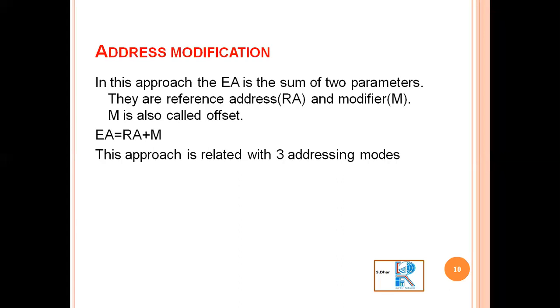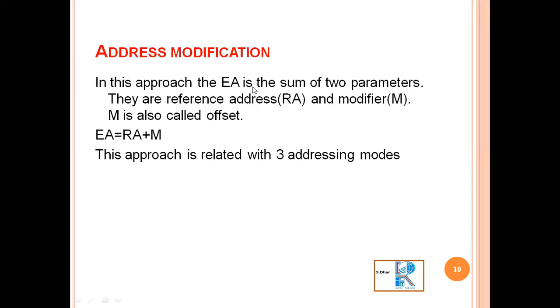And the distance of RCC from Sealdah, suppose 10 kilometers, is the offset. If I add these two, the distance of your location to Sealdah station, which is the reference, and the offset, will give the original address of your college.